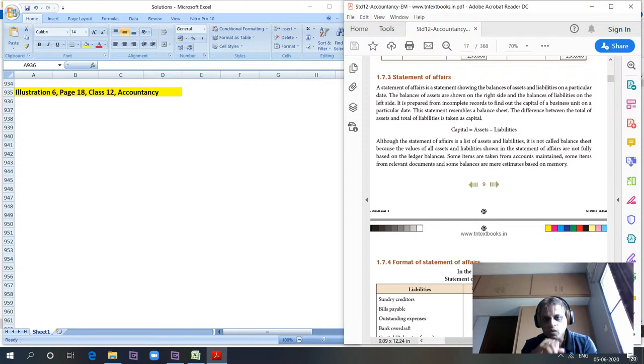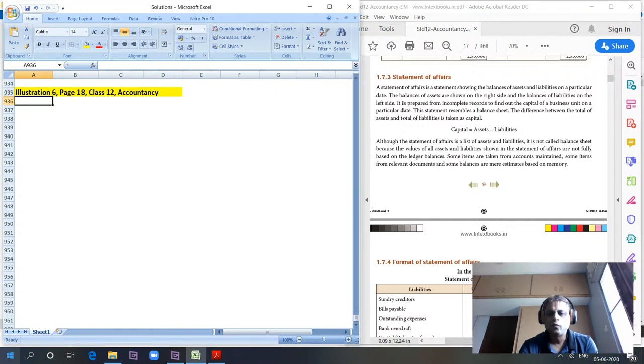Basically, a statement of affairs is prepared to identify the capital left over in the business. Capital is equal to assets minus liabilities. Let's get into the details of the format of a statement of affairs.